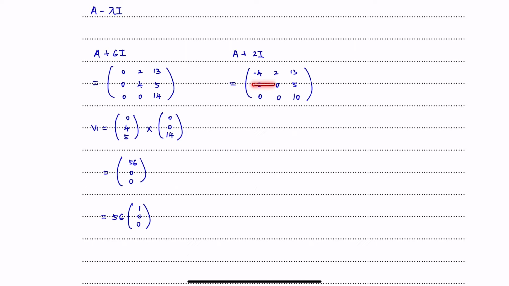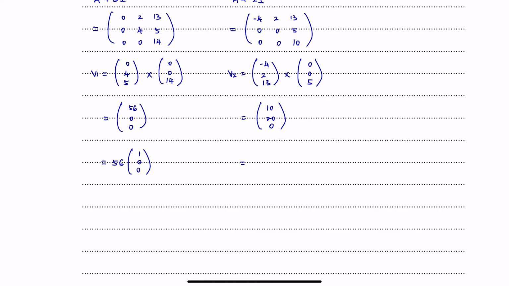So if you decide to use this row, the last row can't be used. So you can either use this two or this two to get the eigenvector. For the second eigenvector, I'll be using -4, 2, 13 cross with 0, 0, 5. And I will be getting 10, 20, and 0. Simplify the vector, and I'll get 1, 2, 0.